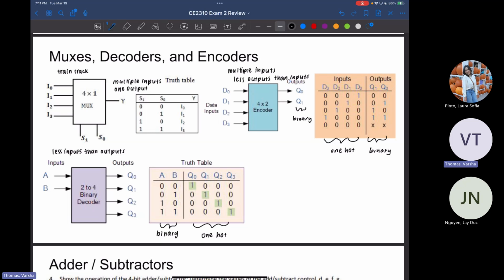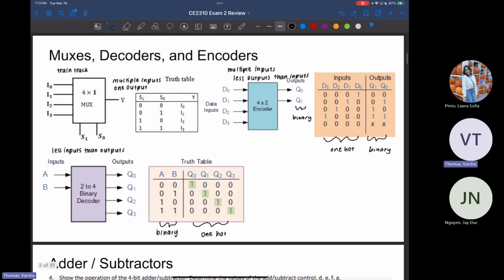So by looking at this truth table, we see if the binary input is 0, 0, then Q0 is going to turn on. And if instead we have binary equivalent 0, 1, then Q1 turns on, because that's the decimal. 1, 0 turns into decimal number 2, so Q2 turns on. And 1, 1 turns into decimal 3, so Q3 turns on.